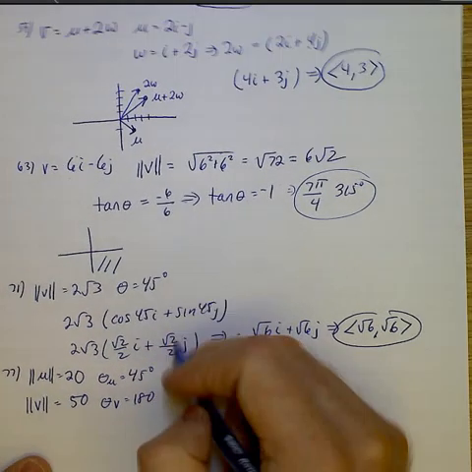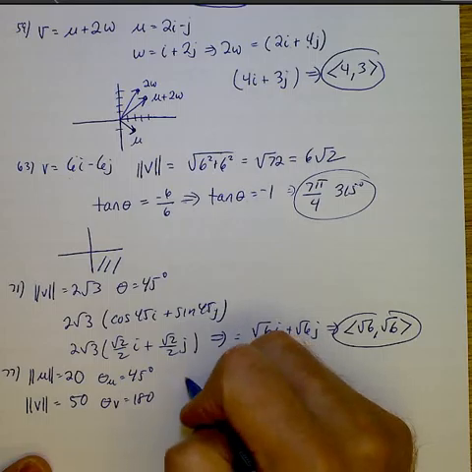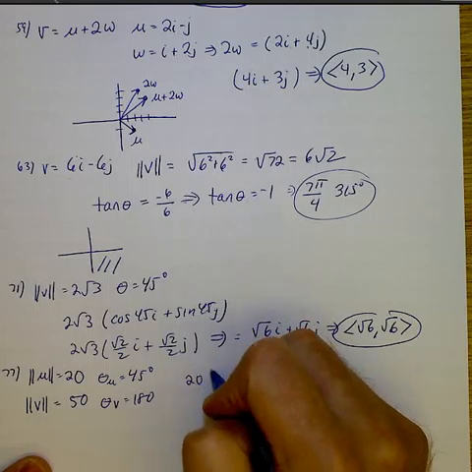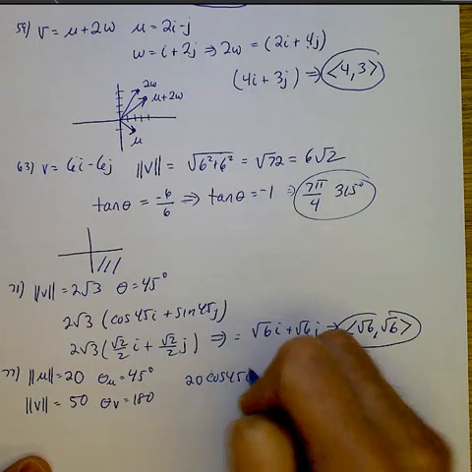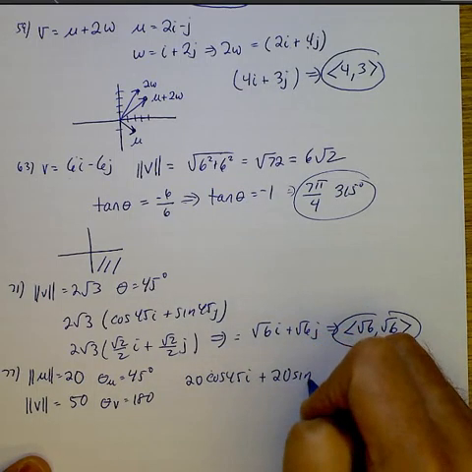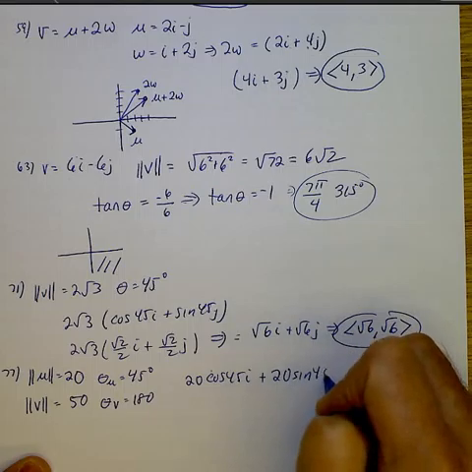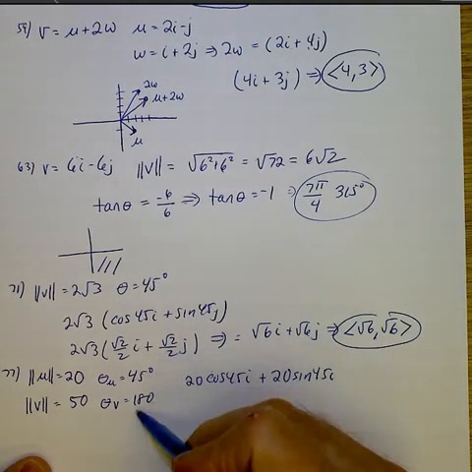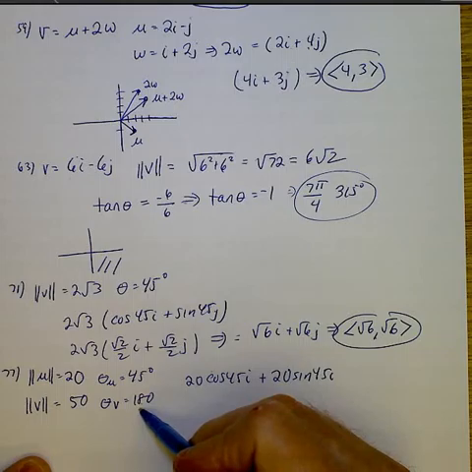So we'll take the first one, which is 20 times the cosine of 45 i plus 20 sine of 45 j. Now this vector v is at an angle of 180.